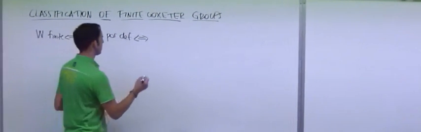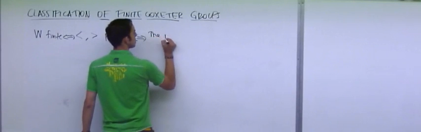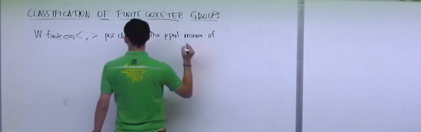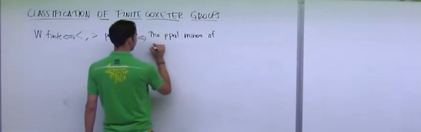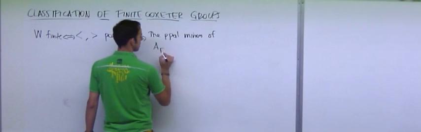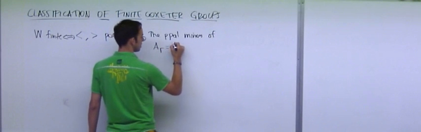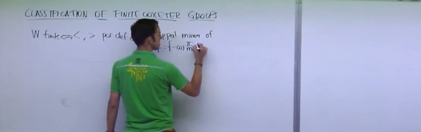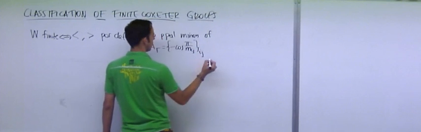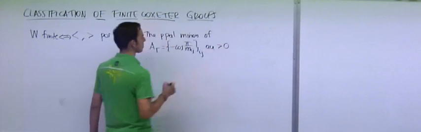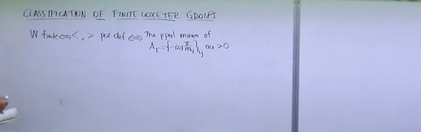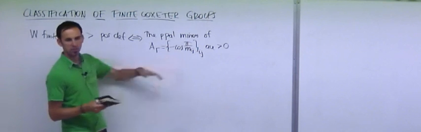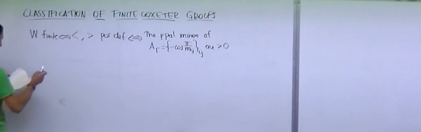This is basically if the principal minors of this associated matrix, minus cosine of pi over mij, over i and j, are positive. And so what we're going to do to classify these things is just figure out when these matrices are positive definite by doing this computation.